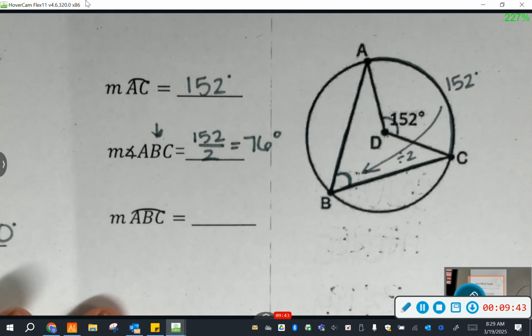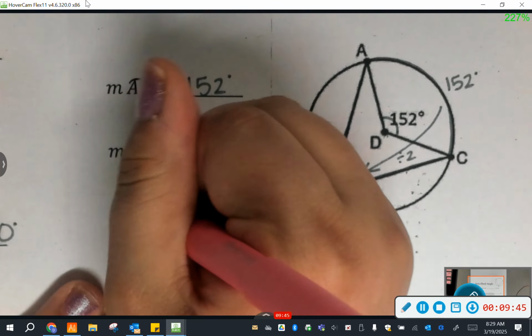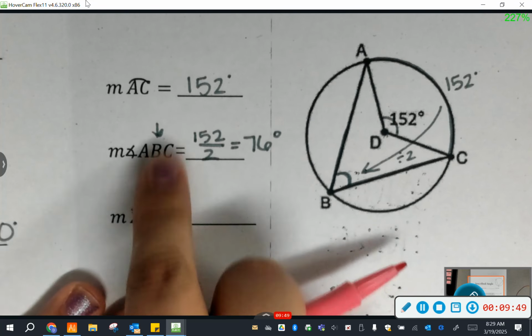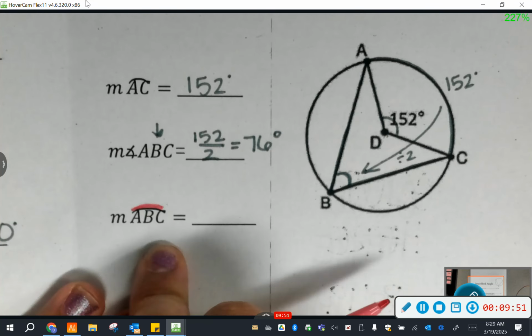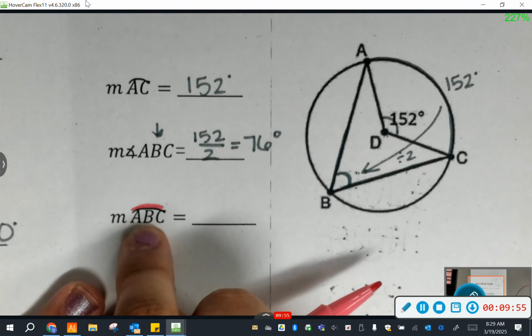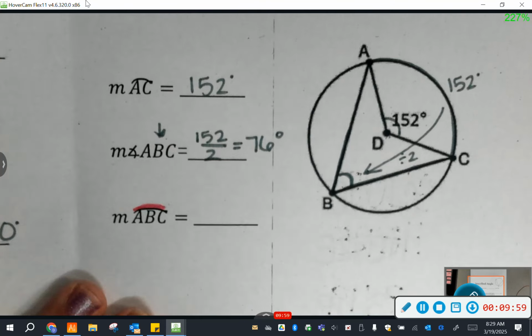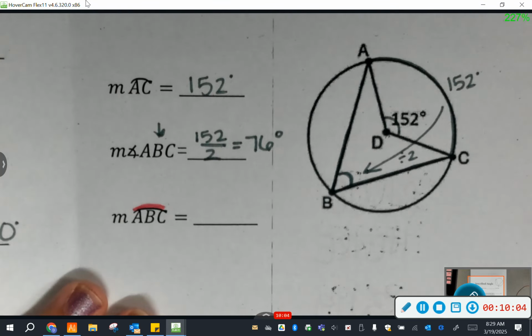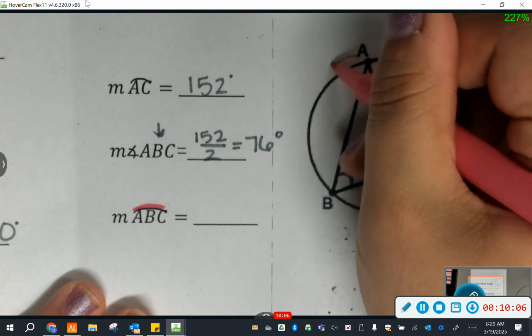And last but not least, this one is talking about arc ABC. So make sure you see the difference between these two, because although this is ABC and this is ABC, this is an arc. If you're doing the arc, what do you need to do? You look at the arc. You need to be going around. Yesterday, some of y'all, it said arc, but y'all were going straight across. So make sure you're going around.